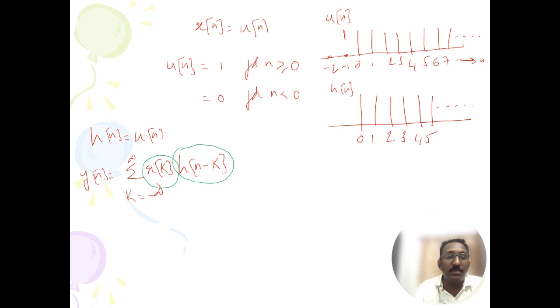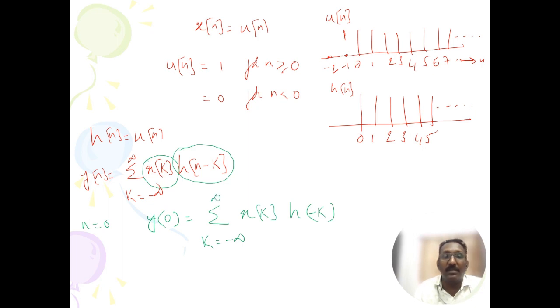Suppose we substitute n equal to 0, then y of 0 will be equal to summation x of k h of minus k, k equal to minus infinity to plus infinity.